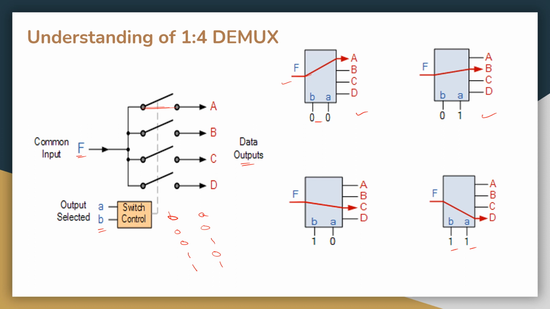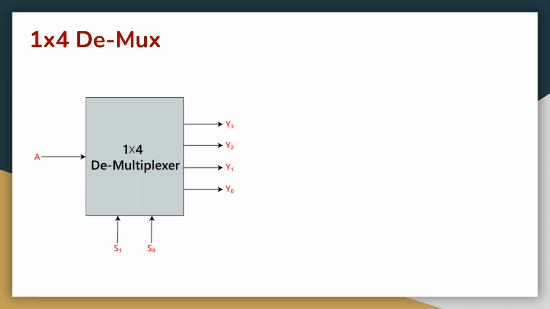Okay, so next we will go for the detailed analysis of these cases one by one. So in the 1:4 demultiplexer, as I explained, there is one input, four outputs, and the number of selection lines is 2. Based on the selection line values, the input data is forwarded to any one of these.